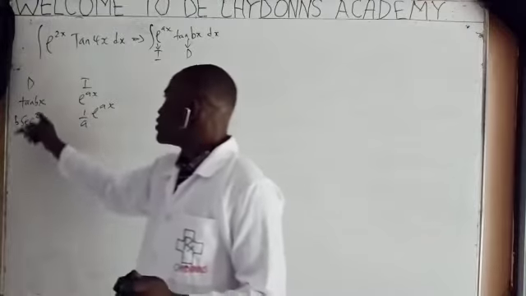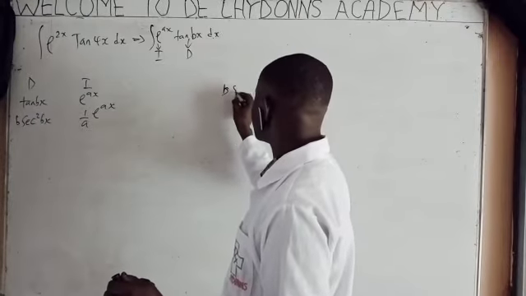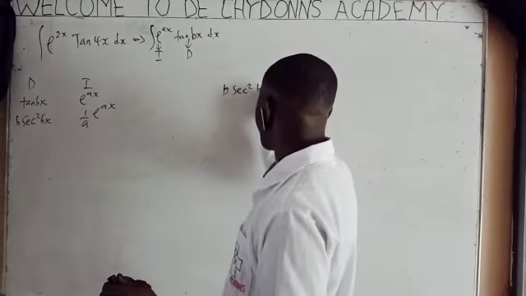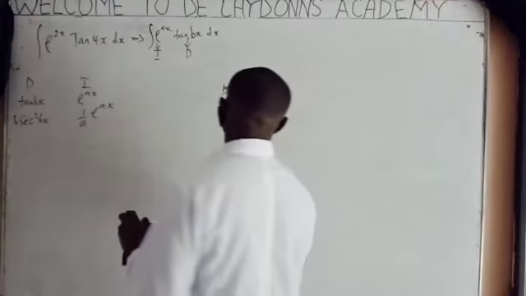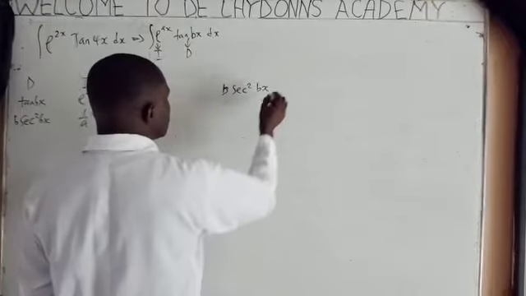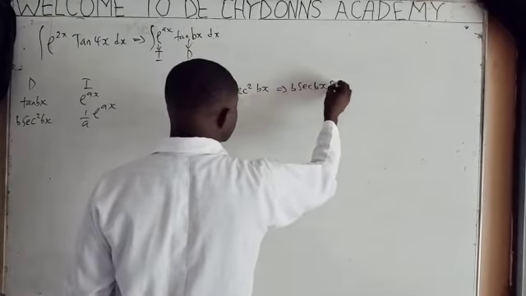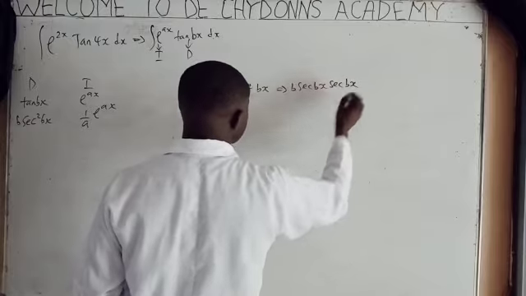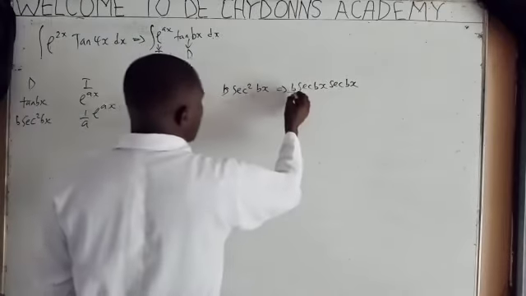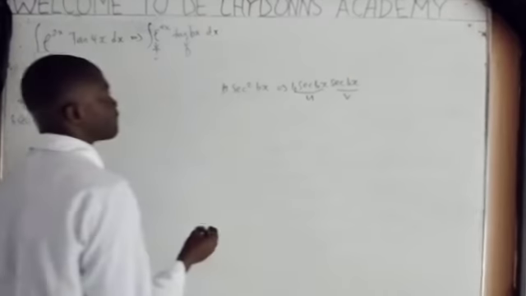You come again. Differentiate this. If you have to differentiate b sec square bx, see what it will be giving you. It will be giving you b sec bx times sec bx. So call this your u and call this your v.